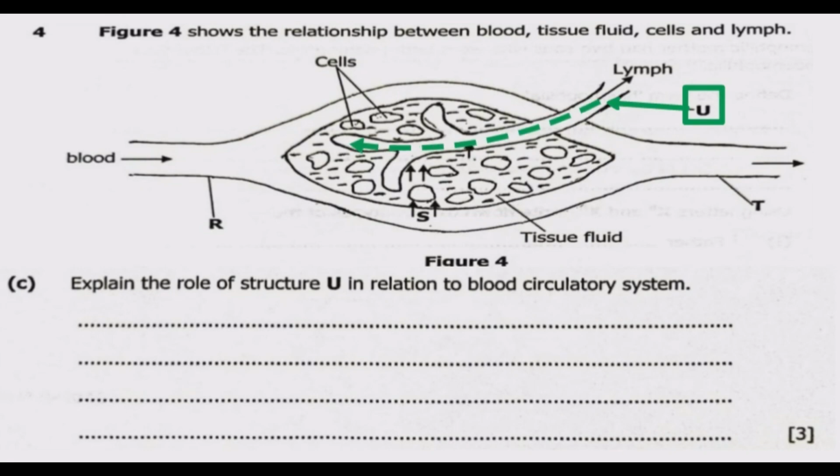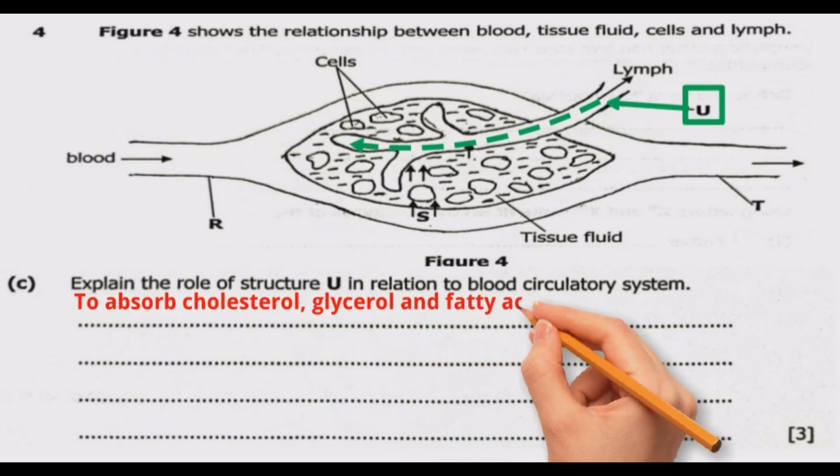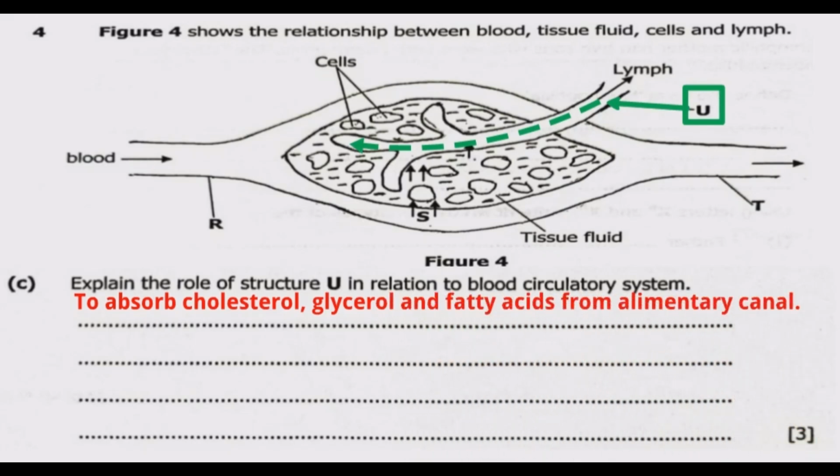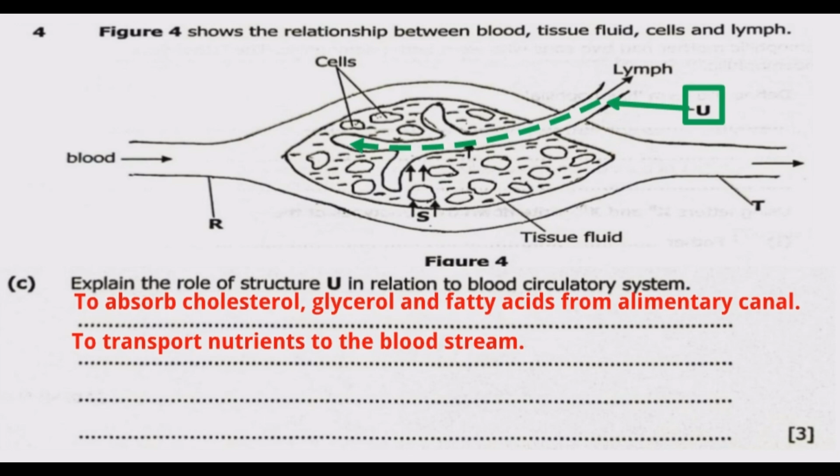So what is the function of this structure? The first point is to absorb cholesterol, glycerol and fatty acids from the alimentary canal. Okay, we come to the second function, which is to transport nutrients to the bloodstream.